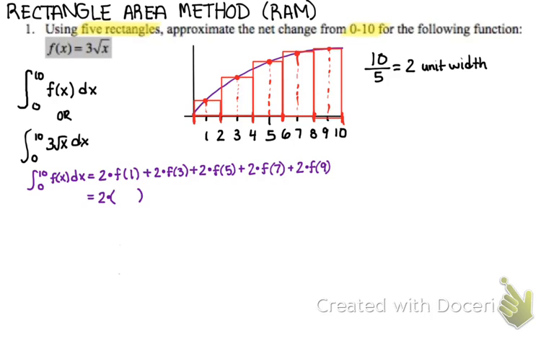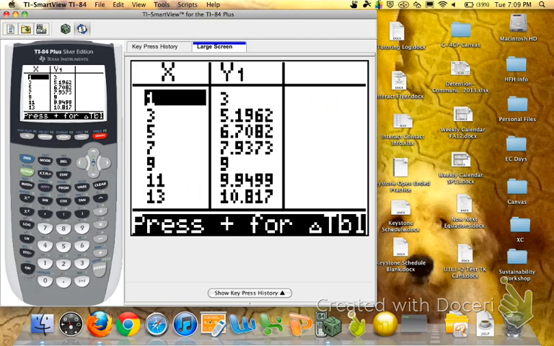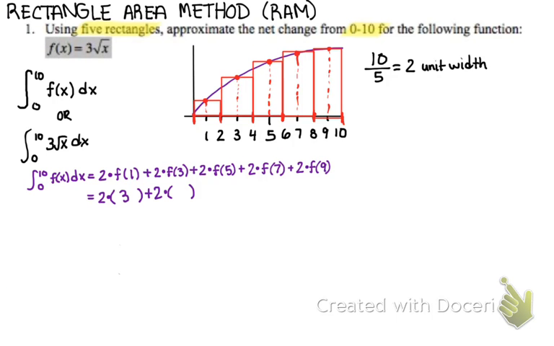So this first one, 2 times f of 1, I know that f of 1 is simply 3. And then I put 2 times, and in place of f of 3, I'll go to my calculator and pick out 5.1962. And just to help us out very quickly, I'm going to copy this into my screen so I don't have to keep flipping back and forth.